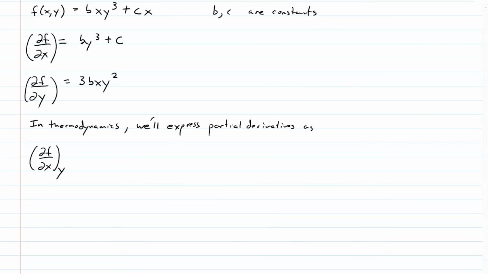What this means is keep y constant. The thing that's outside of the parentheses means keep it constant, all right? And then I could do the other one, which would be df dy, with x kept constant.